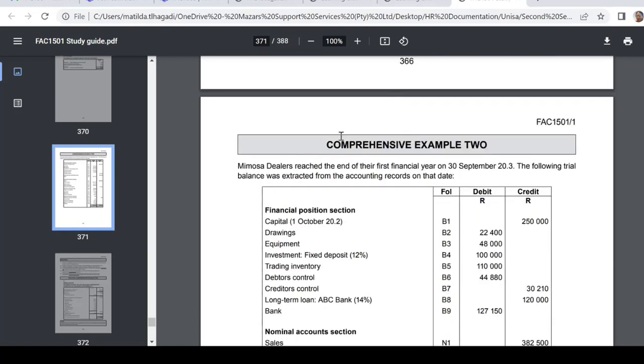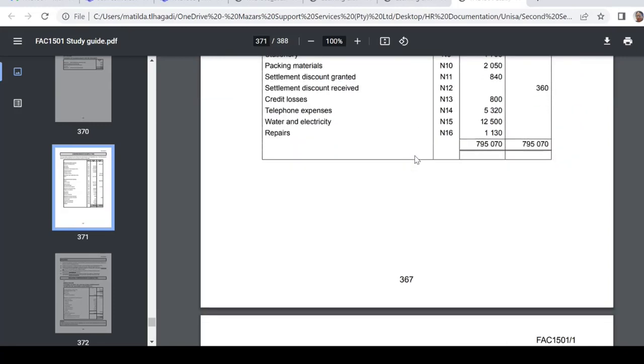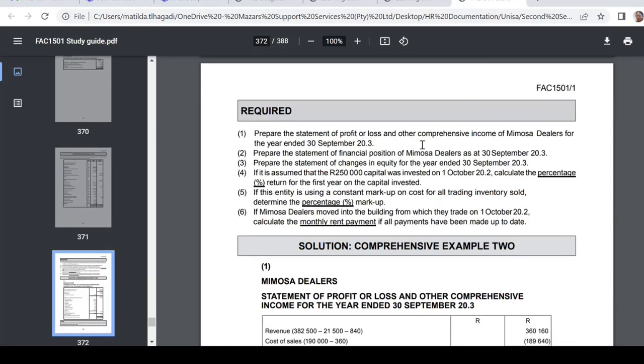Prepare the statement of financial position as at 30 September. Prepare the statement of changes in equity. If it is assumed that 250,000 capital was invested on the 1st of October 20.2, calculate the percentage return of the first year on capital invested.